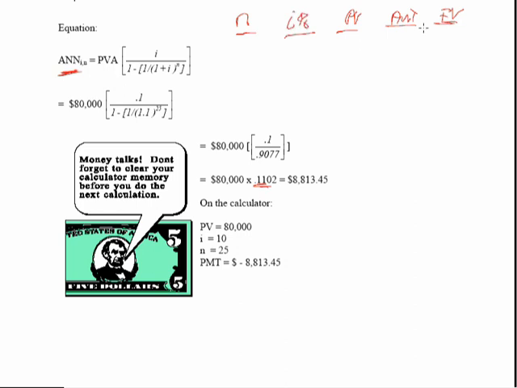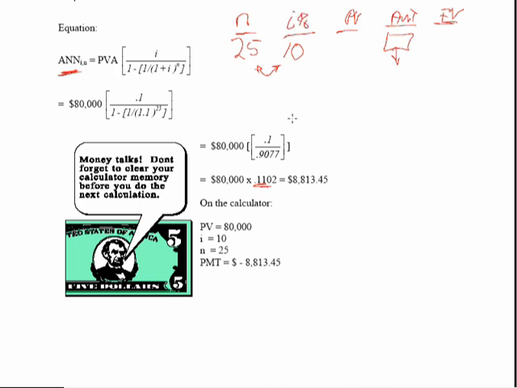For a mortgage payment, what we're calculating is the payment, the PMT. N is going to be 25 for 25 years. I is good old 10%. N and I are in the same units: N is in years, and 10% is per year.